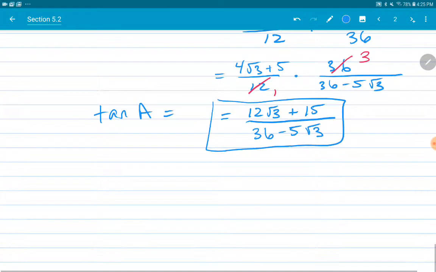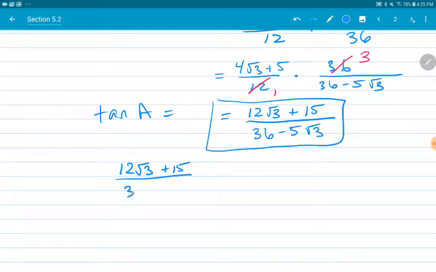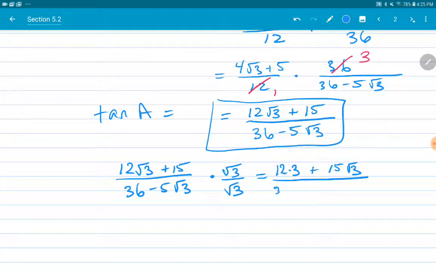You may find an alternate form, let's see, with moving the radicals around by multiplying by radical 3 over radical 3. And then you would see 12 radical 3 times radical 3 gives you 12 times 3, or 36, plus 15 radical 3 over 36 times radical 3 minus 5 times radical 3 times radical 3 gives you 5 times 3, or 15.